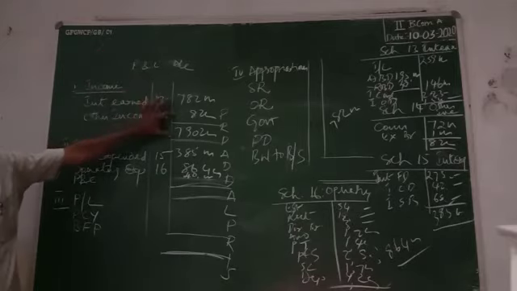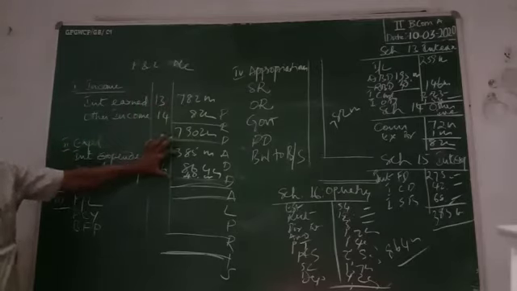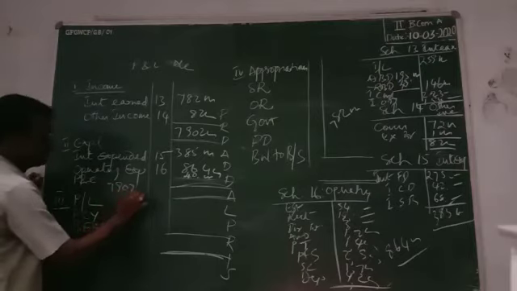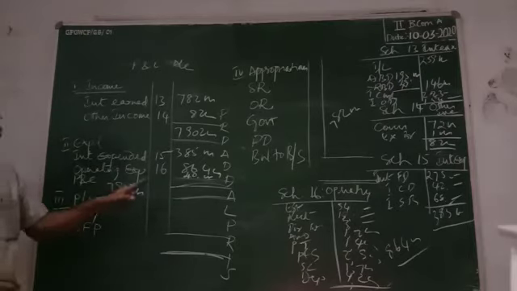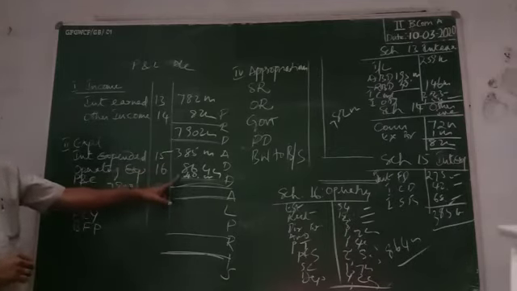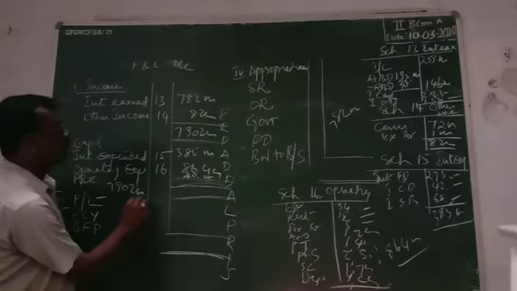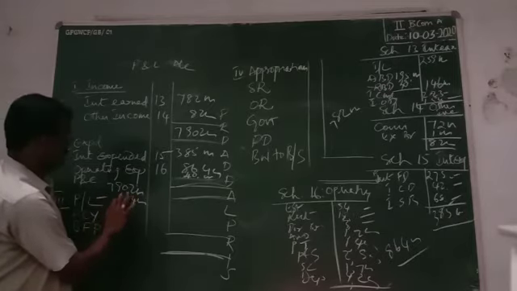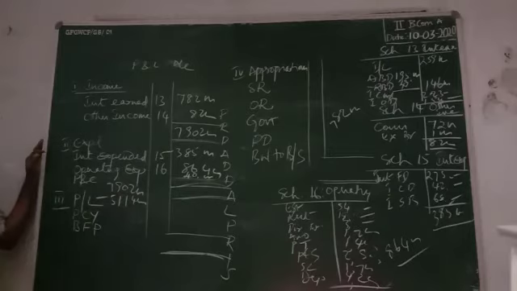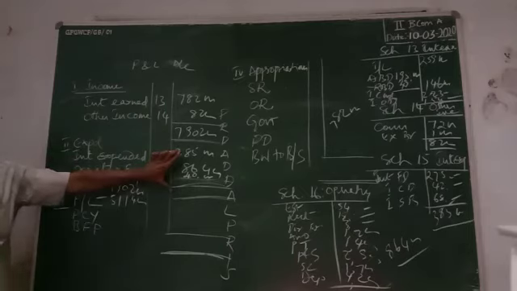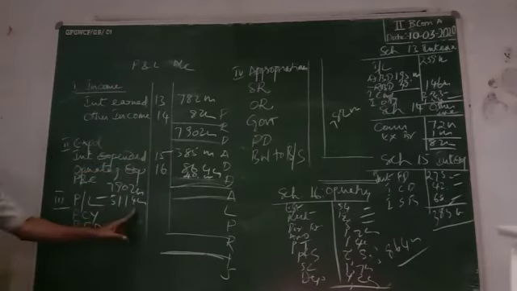Total income 7,90,200 less total expenditure before providing for taxation: 3,85,000 plus 86,400 plus 40,000, that is 5,11,400.